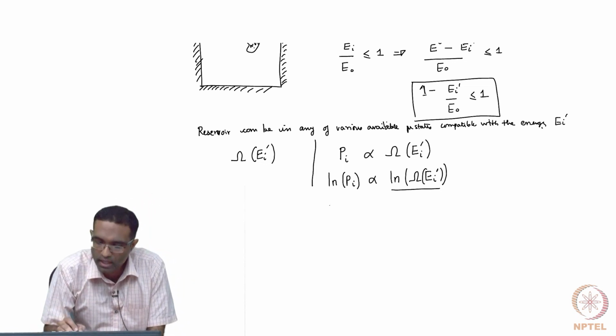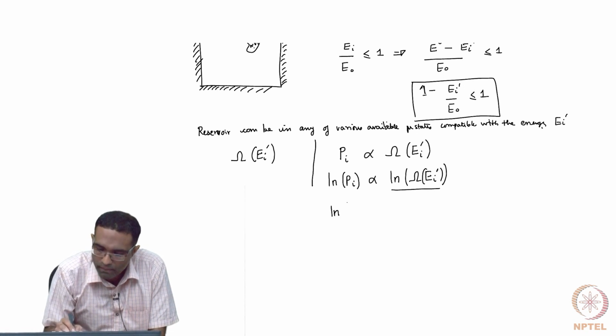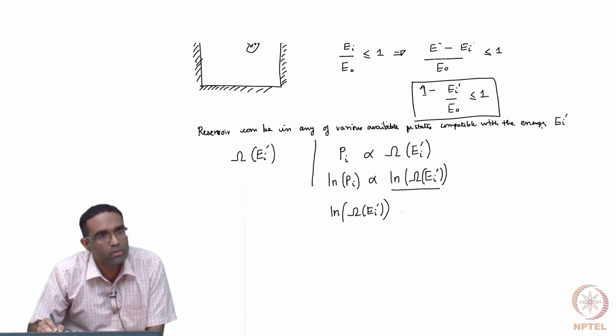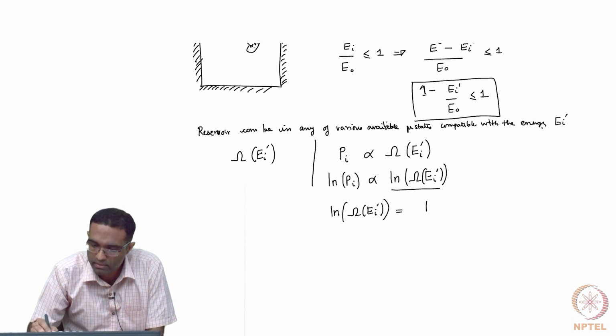Okay, so if you take this ln of omega Ei prime and expand it about E naught, what would you get?